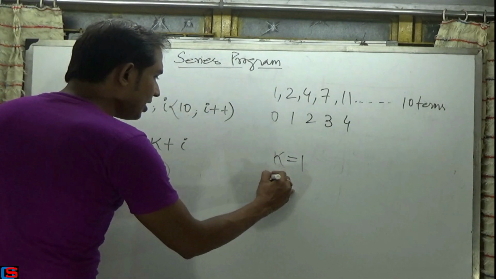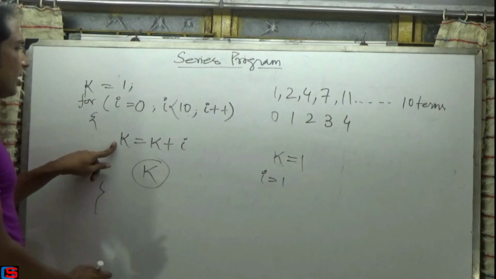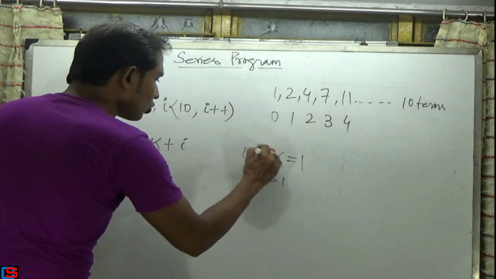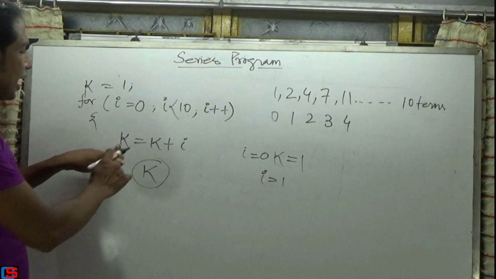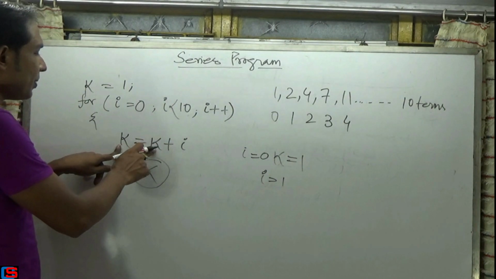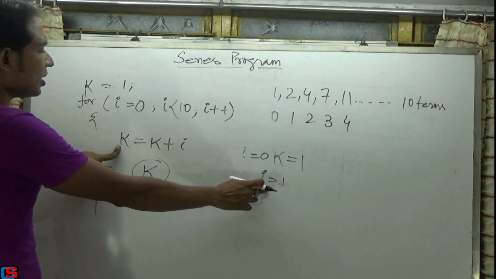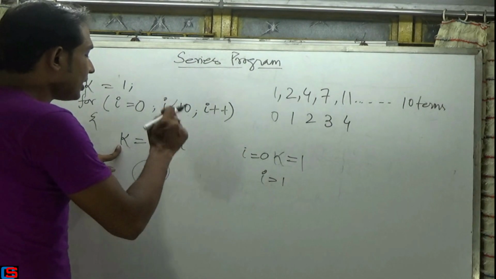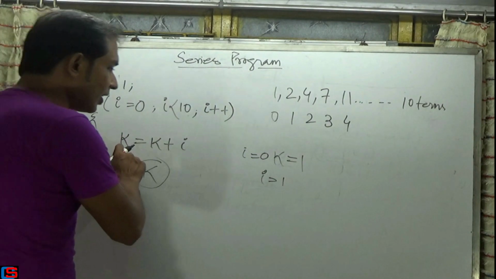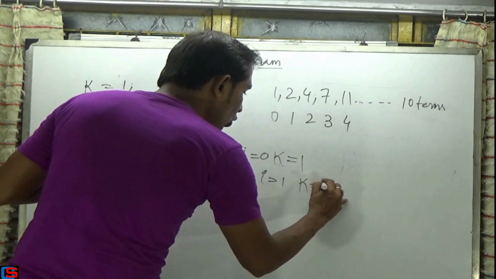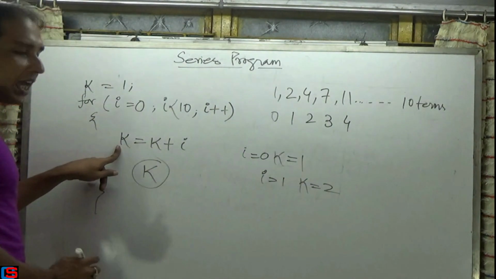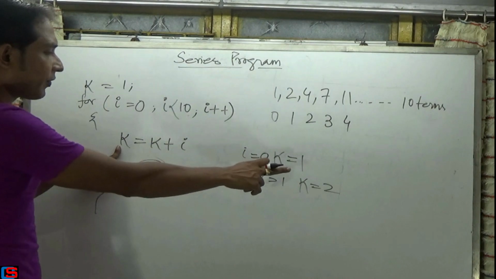Okay, now i is increased, and it was 0 before. So now k equals to k plus i. The previous k value is already 1, and now the i value is 1, so 1 plus 1, that is 2, and it is stored in variable k. So 2 is stored in variable k.